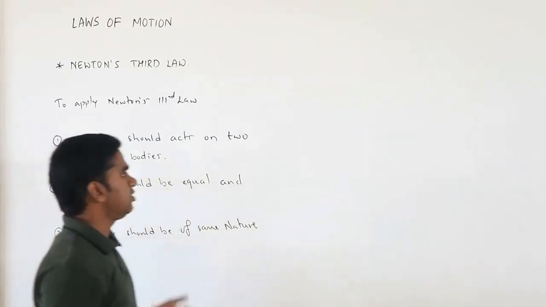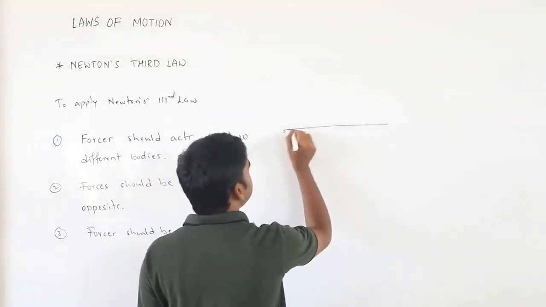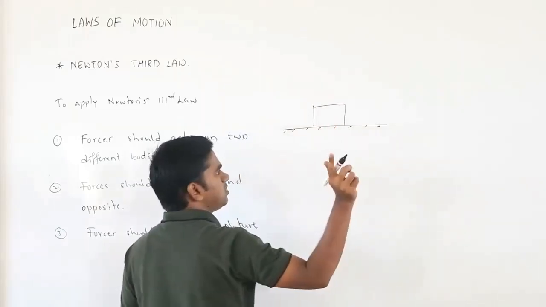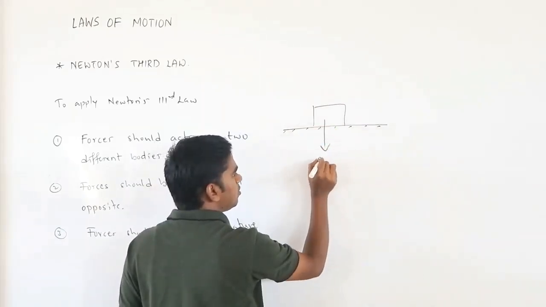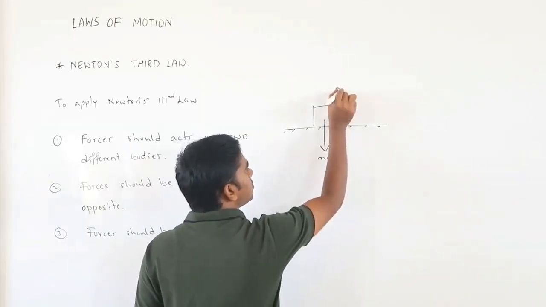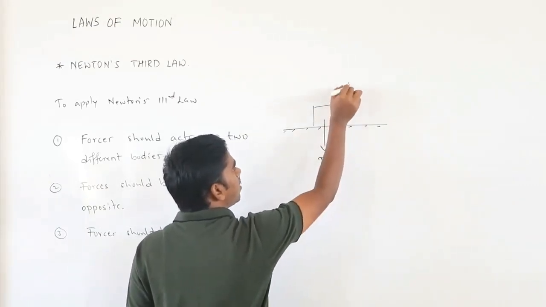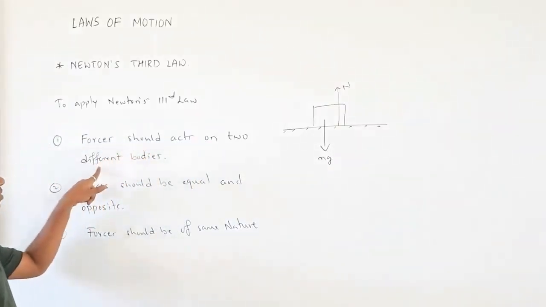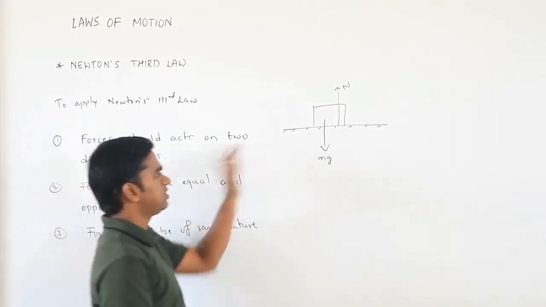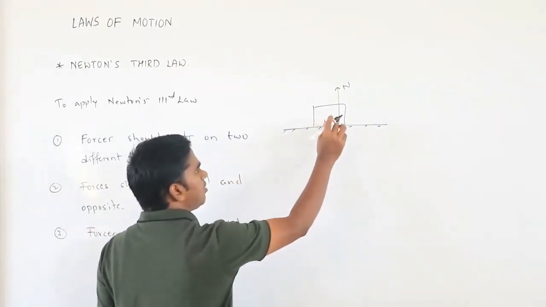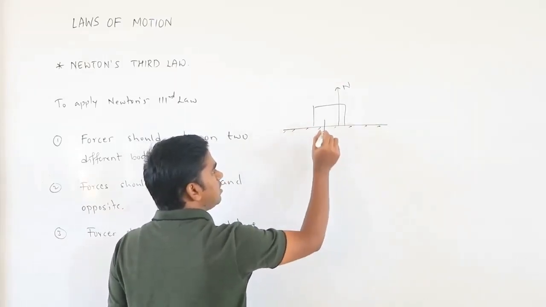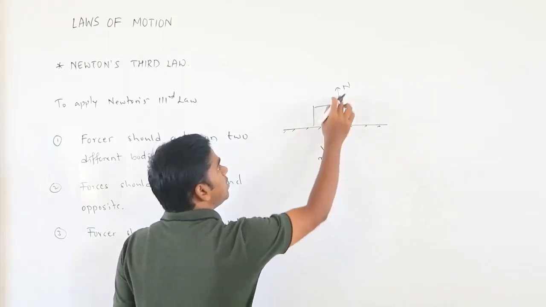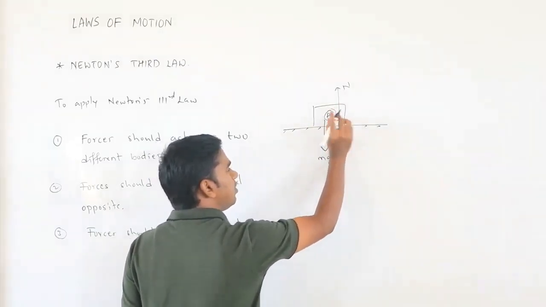Suppose I take what we discussed just before: this is the surface. If I put one body over here, two forces are there. One is the downward force, that is mg, and another is the upward force, that is the normal reaction. Look at the first condition: forces should act on two different bodies. This will not hold here, because mg, the gravitational force, is acting on body A, and this normal is also acting on body A only.